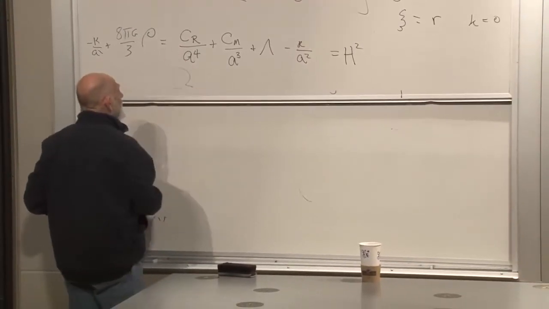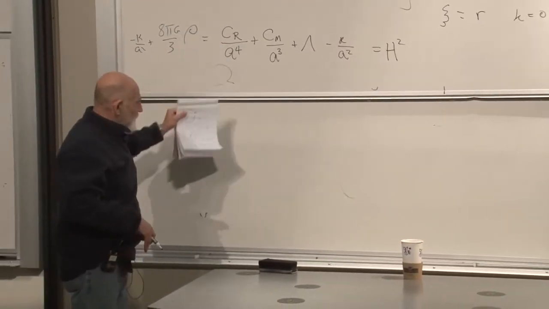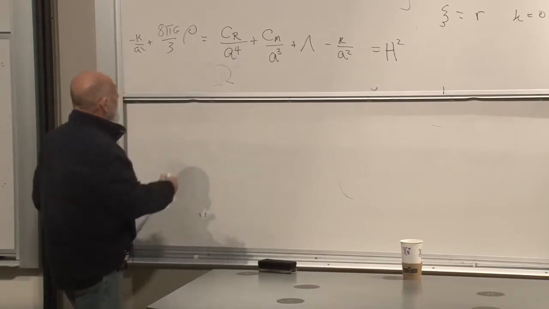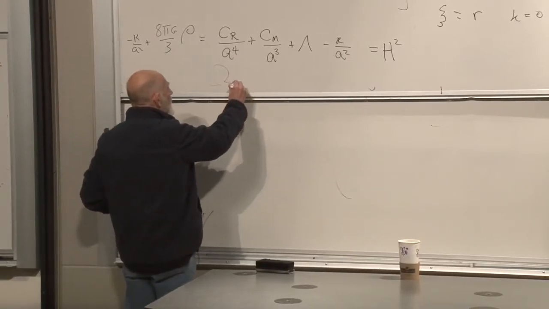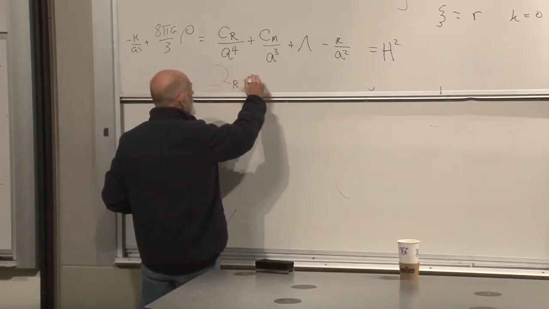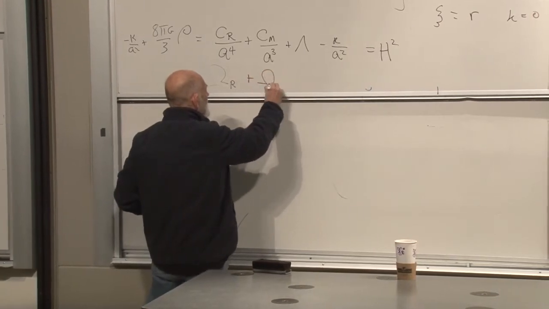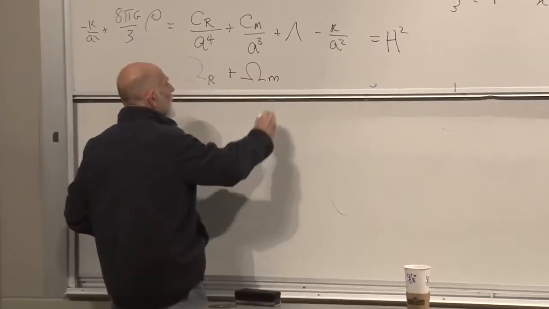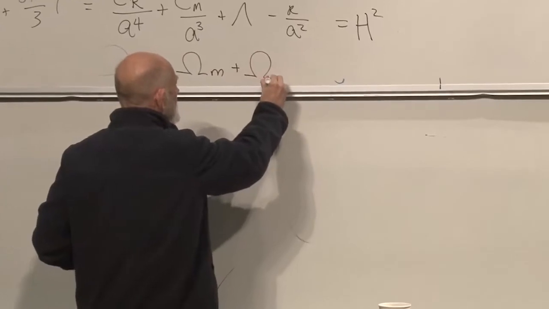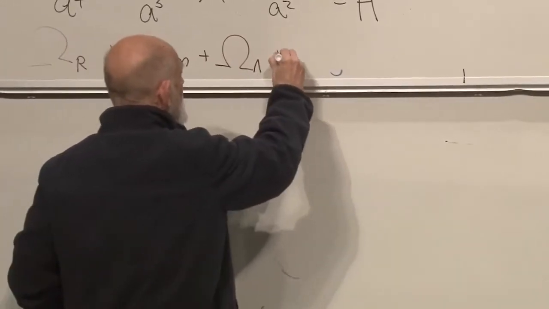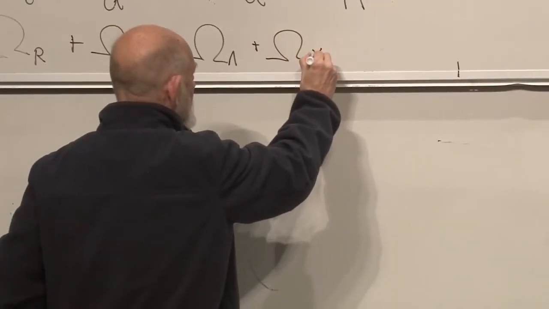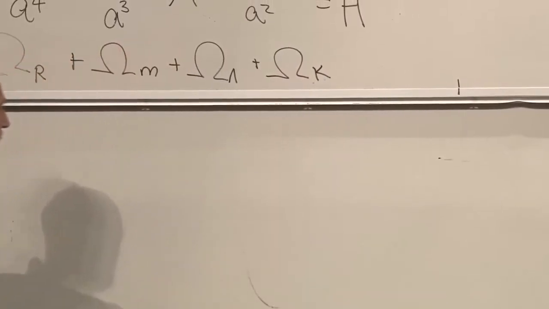So this would be, not the values of these, but the ratios. The ratios are omega R, omega M, omega lambda, plus omega curvature. Omega curvature may be negative.